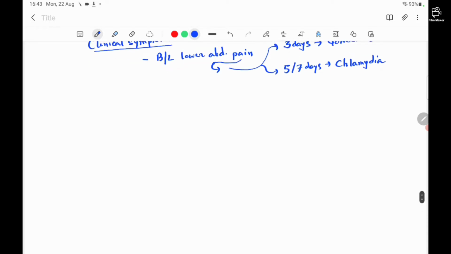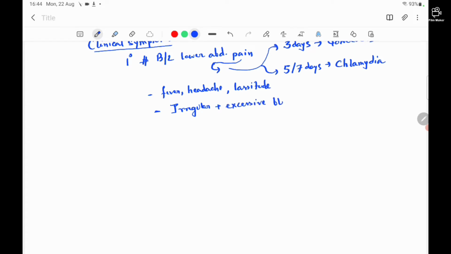Apart from this, so this is the primary complaint. Apart from this, there will be fever, headache, lassitude, irregular and excessive bleeding. This is often found.